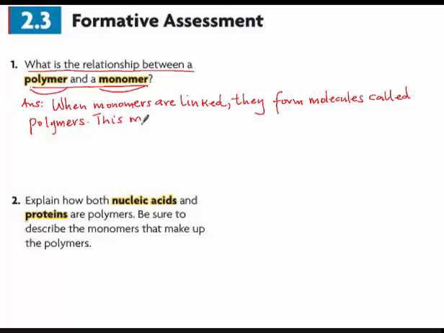This means that polymers depend on monomers as their building blocks.